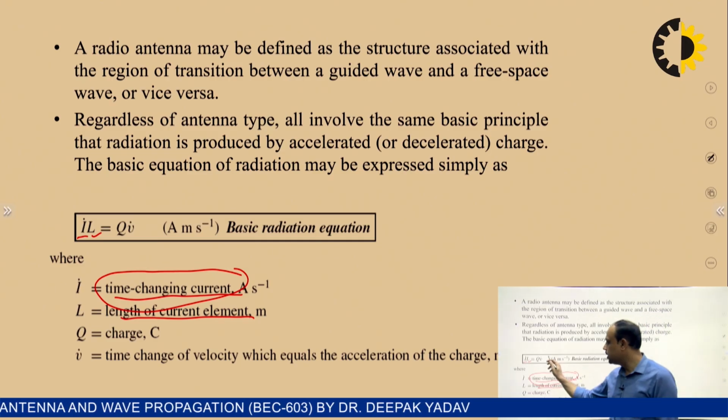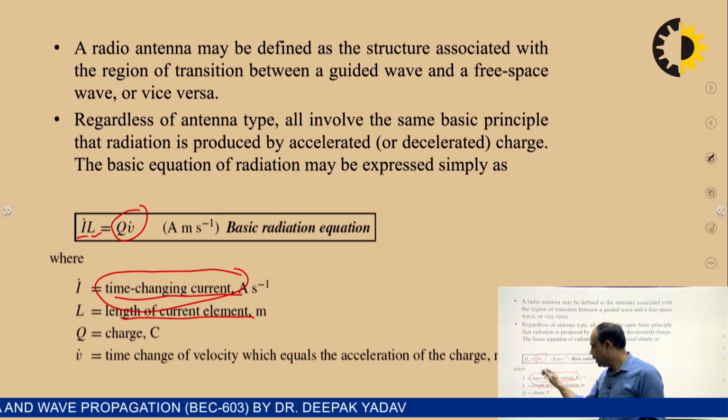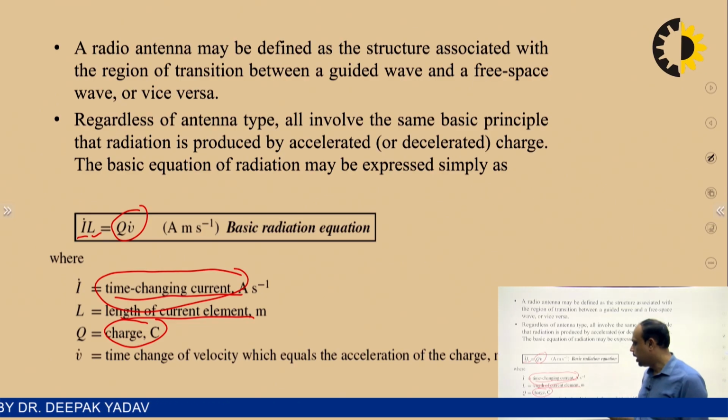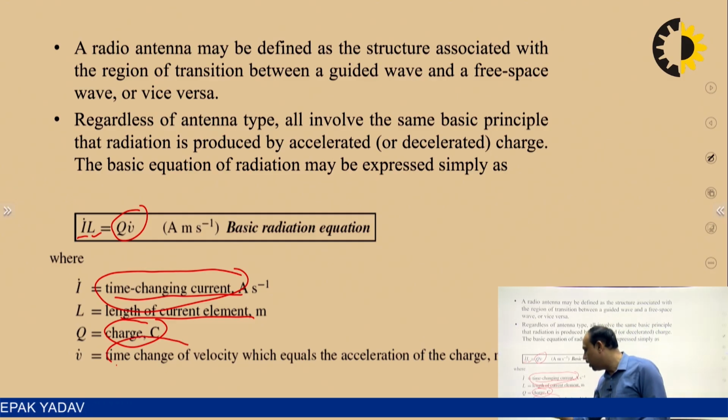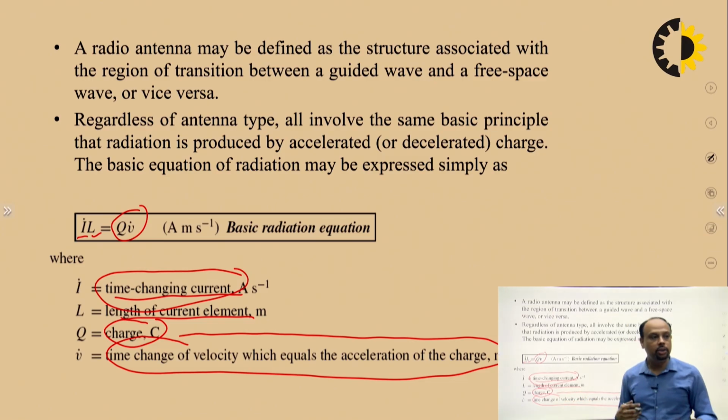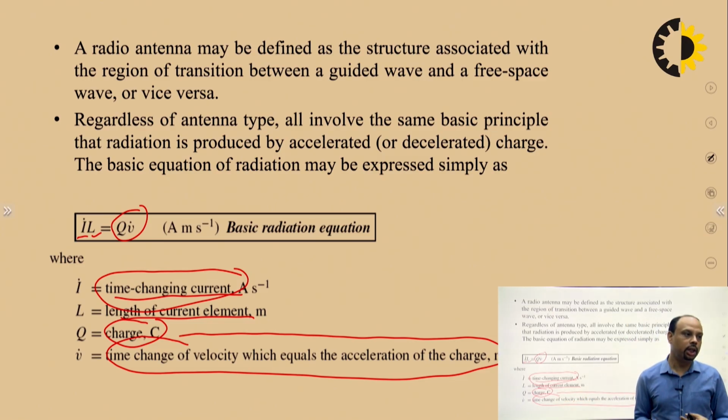And on the other side of the equation, there is a charge. There must be a charge having some value, plus 1, plus 2, plus 3, or minus 1, minus 2, minus 3. And there is a change in the velocity of the charge itself, not in the position, but in the velocity of it. The charge must not be moving with a uniform velocity or be stationary. It must be moving with accelerating or decelerating velocity.